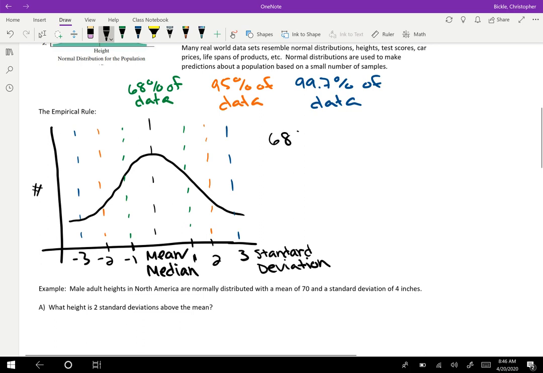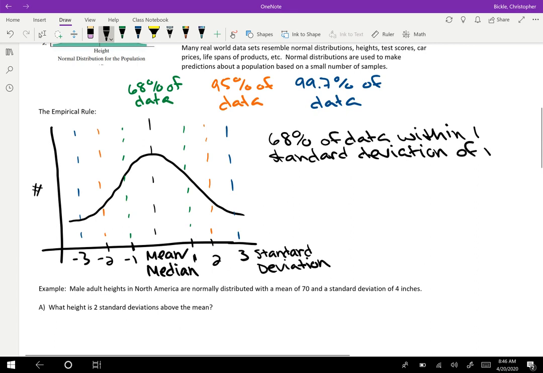So 68% of your data is within 1 standard deviation of the mean, 95% is within 2, and 99.7% is within 3.